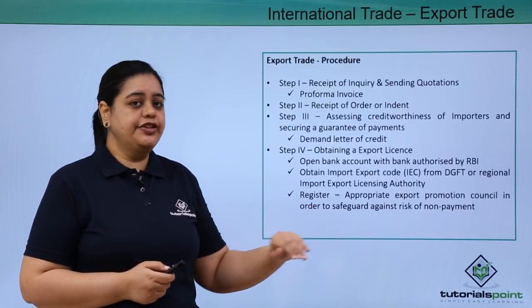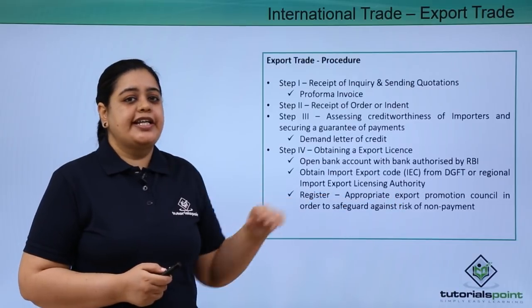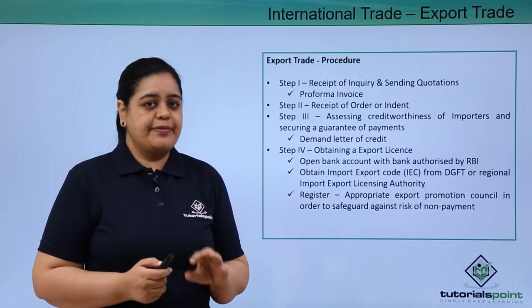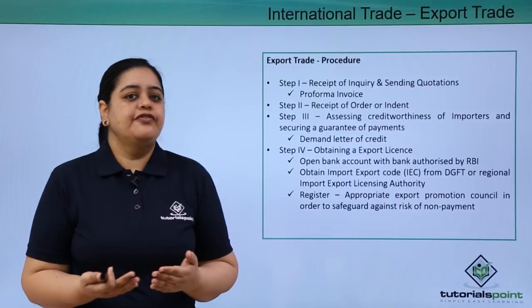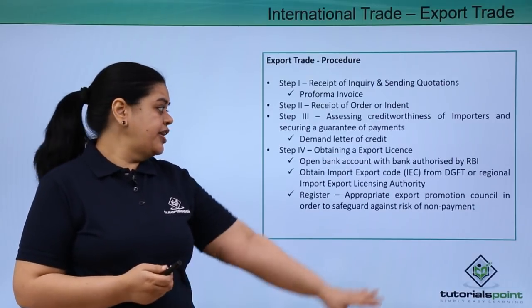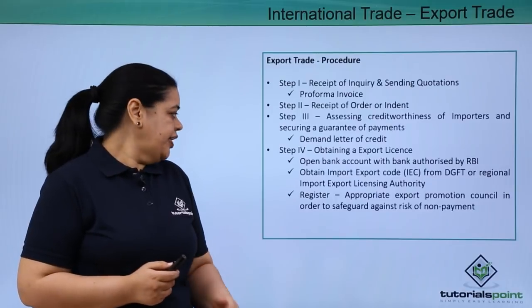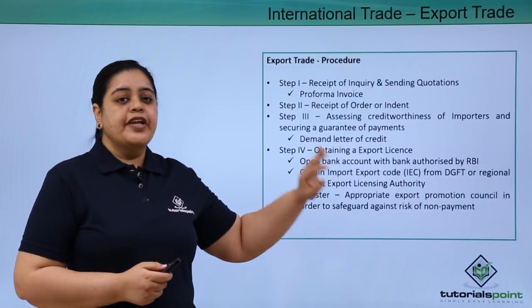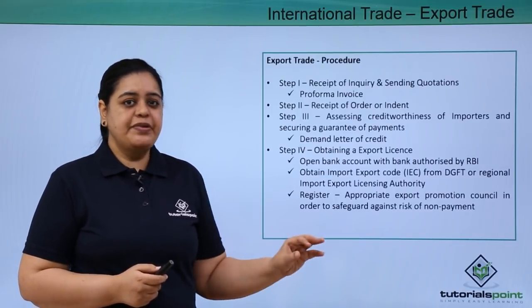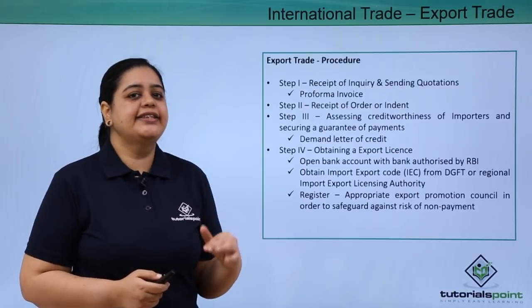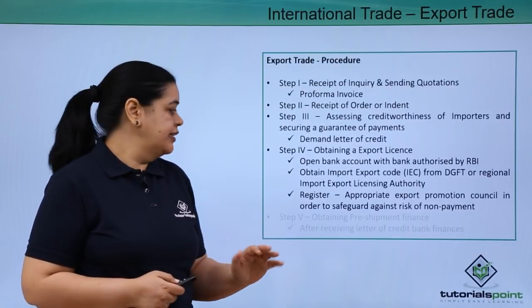Then I will register with the appropriate Export Promotion Council, that is EPC, depending on what kind of goods I intend to sell. There are various export promotion councils for different goods in the country. This is necessary because the EPC safeguards you in case there is a non-payment.